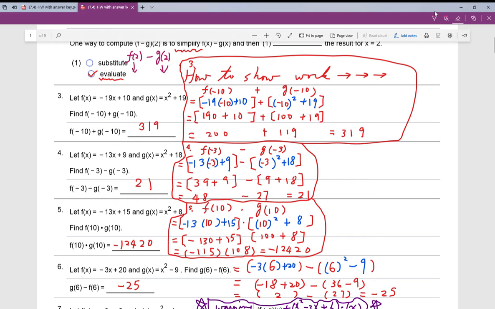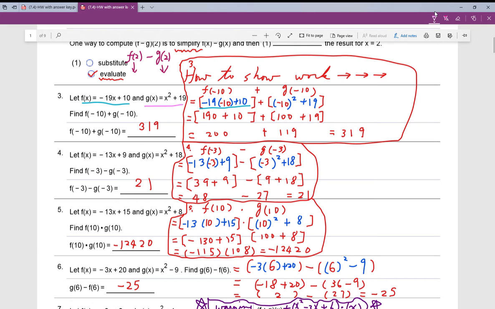Okay, so how do you show the work? Let me show my work here, you need to follow me, but let me talk about how to show the work one time. Okay, so f of x, don't write down x, right? You use the parentheses. And this is f of x.